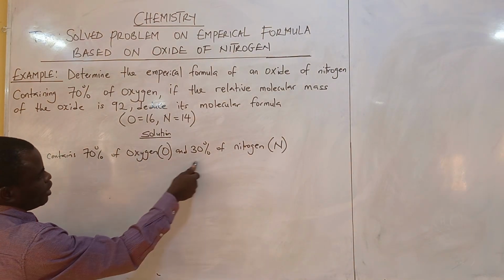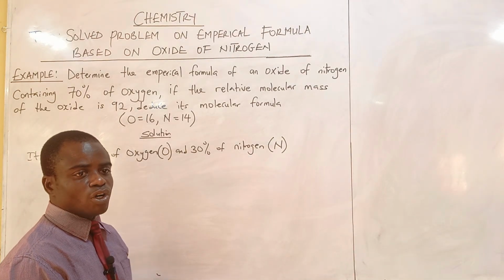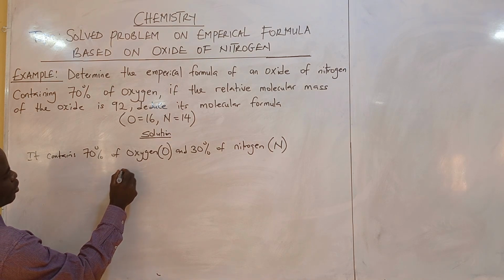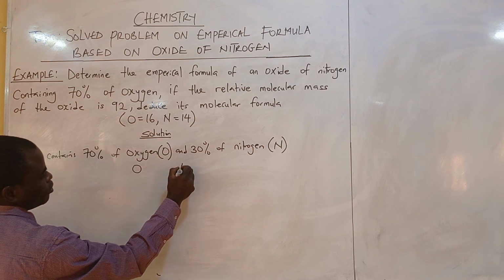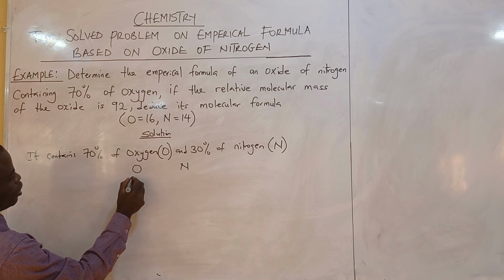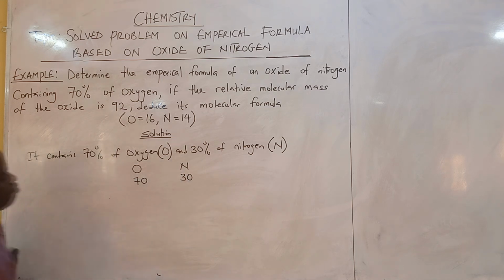Sometimes they will not give you the other percentage, but you do the subtraction by saying 100 minus 70. Okay, you now have oxygen, I have nitrogen. The percentage of oxygen is 70, that of nitrogen is 30. Is that okay?